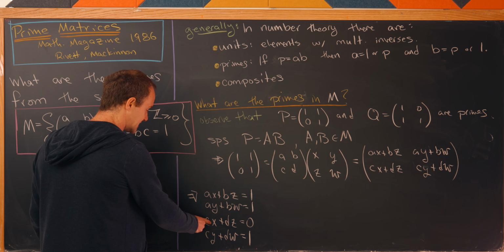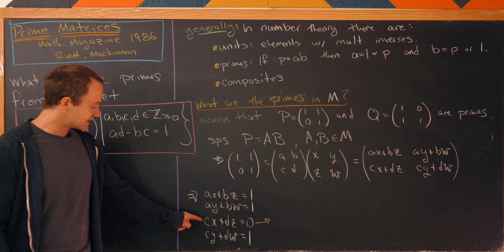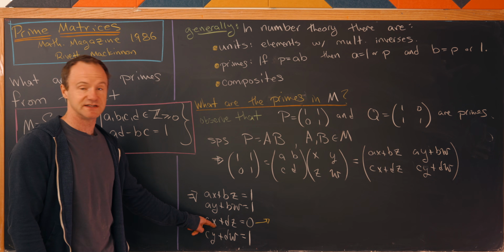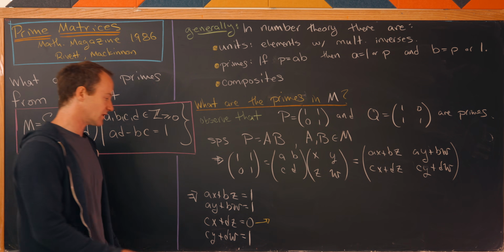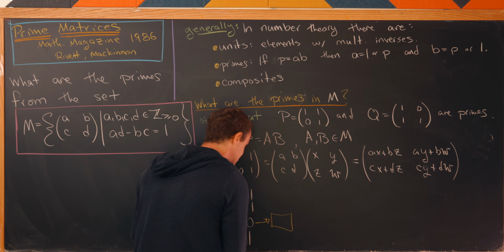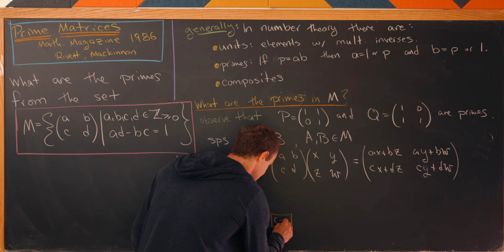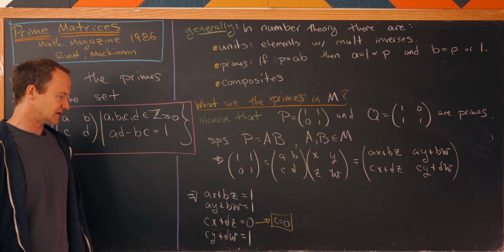So notice the fact that CX plus DZ equals 0 means C is 0 or X is 0, and D is 0 or Z is 0. So let's just maybe take the case that C equals 0. So definitely that's one of the cases. The other case would be X would have to be 0.